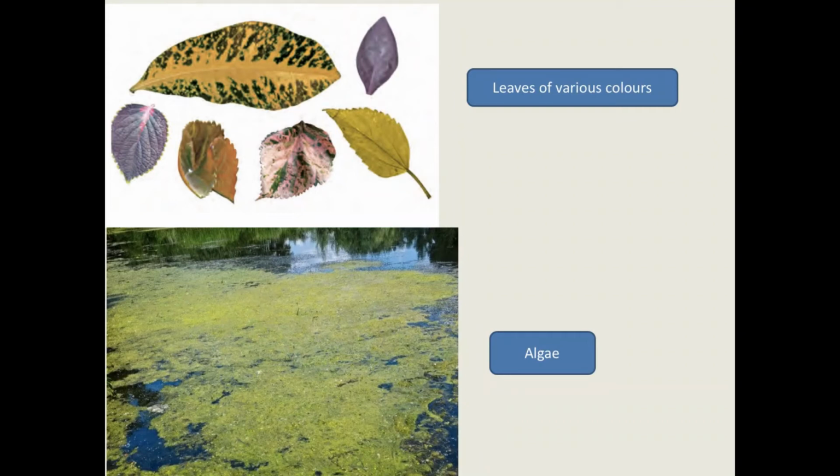These algae are also green in color due to the presence of the green pigment called chlorophyll. Due to the presence of chlorophyll, they are also capable of carrying out photosynthesis and hence prepare their own food. So with this we can state that organisms like green plants and algae come under the group of autotrophic mode of nutrition.